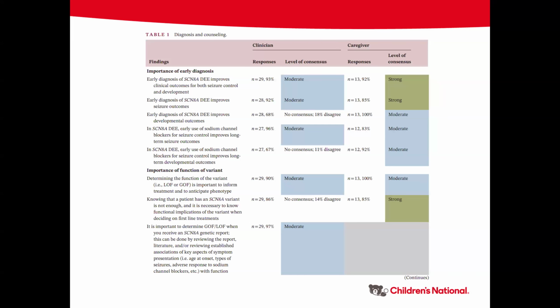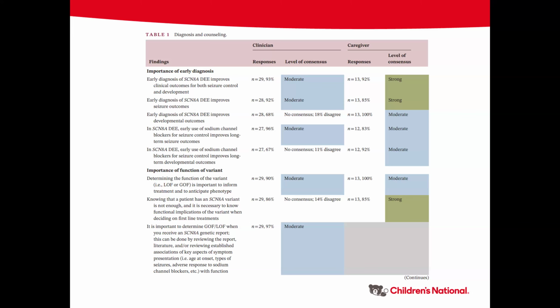Importance of early diagnosis. So there was some consensus that early diagnosis improves outcomes for seizure control and for development. There was not consensus that it improved developmental outcomes. And there was moderate consensus that sodium channel blockers for seizure control does improve long-term seizure outcomes, but not long-term developmental outcomes.